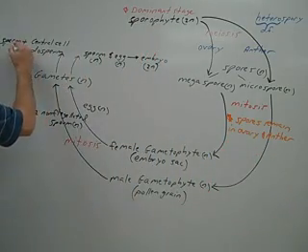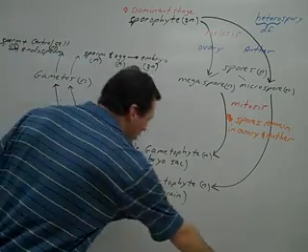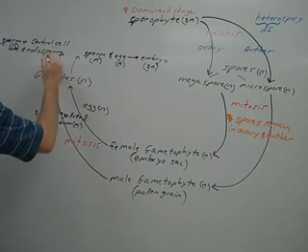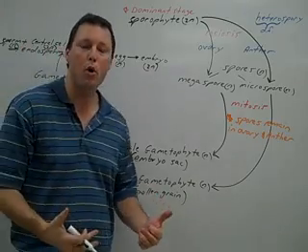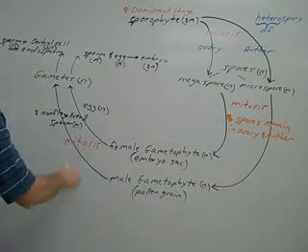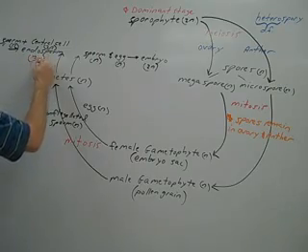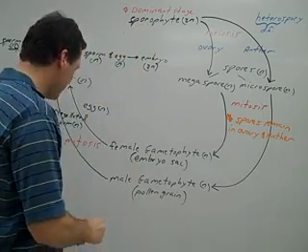Now the sperm is going to be N. The central cell is actually going to be 2N. It has two nuclei called polar nuclei, and N plus 2N is going to give us 3N. So the endosperm is going to be triploid, 3N.